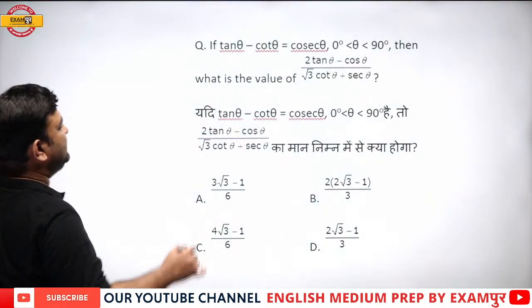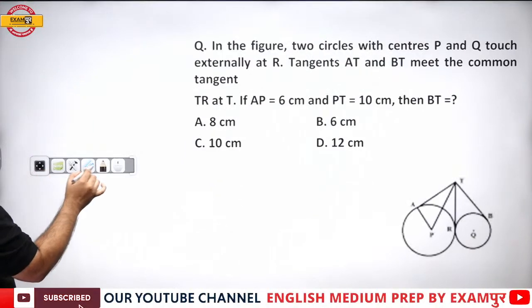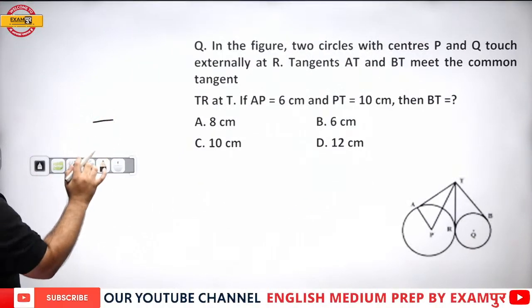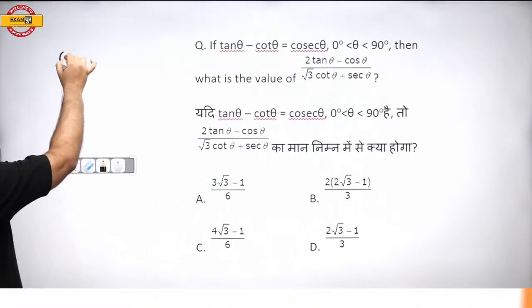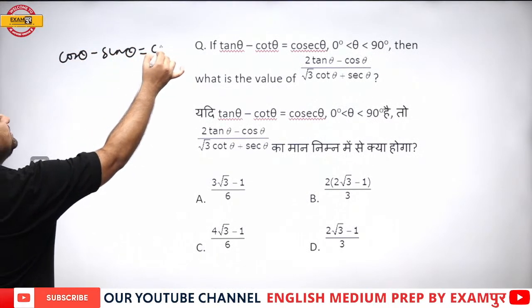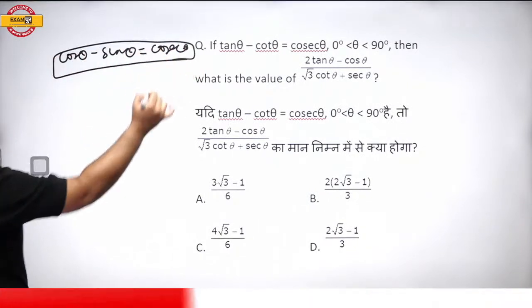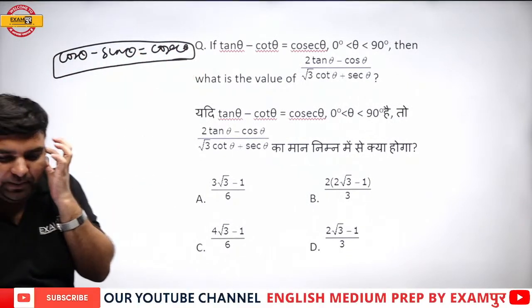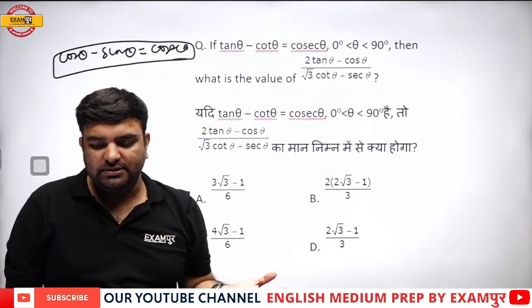These questions would look like this: cos theta minus sine theta is equal to cosec theta. These questions, guys, cannot be simplified, and would become a quadratic on simplification.